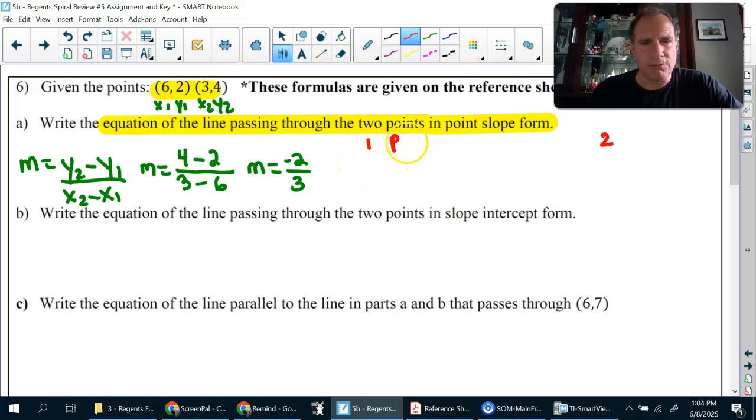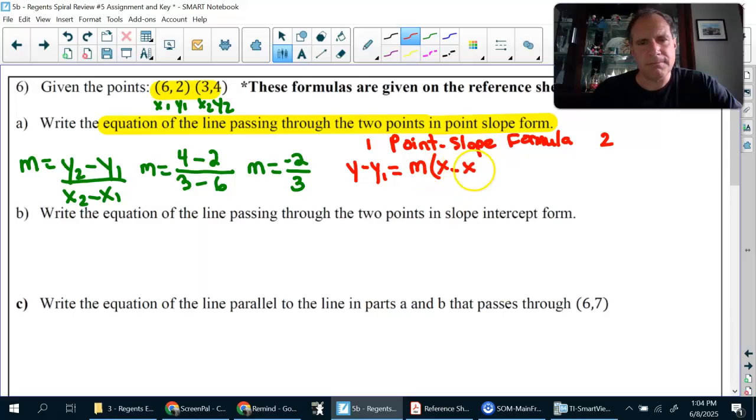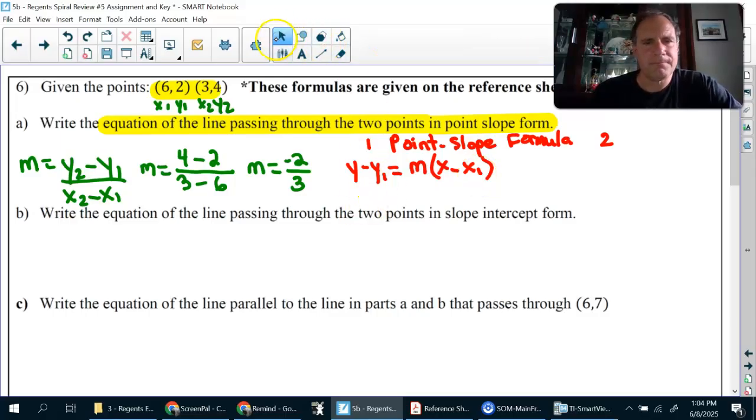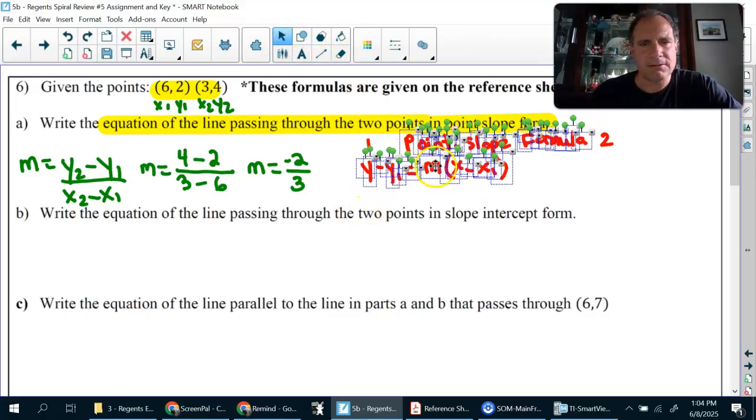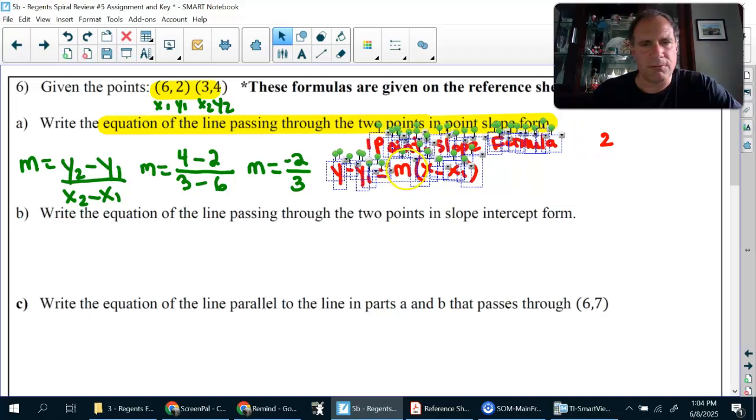So I'm just going to use the point slope formula because it's on the reference sheet. So it's y minus y1 equals m times x minus x1. So point slope form. This is point slope form.